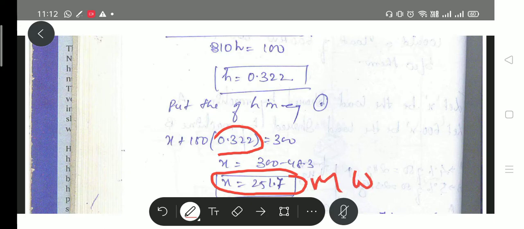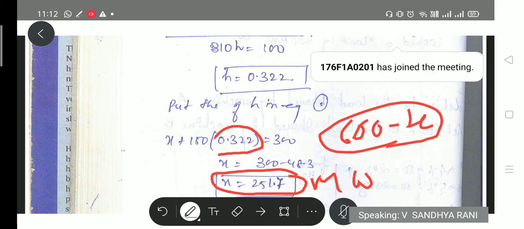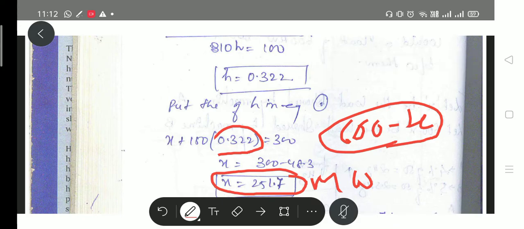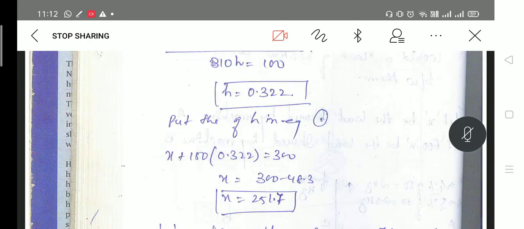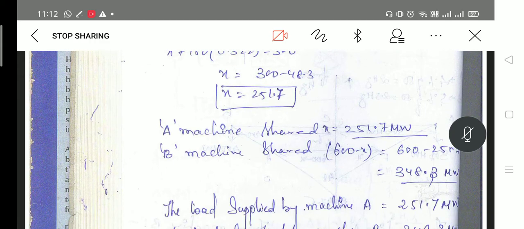Load sharing of B is 600 minus x. So we can substitute in this, then we will get the shared load of B. Substituting 600 minus 251.7, we will get 348.3 megawatts.